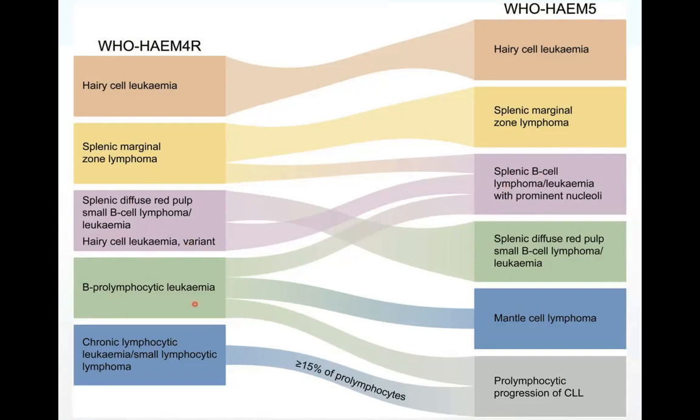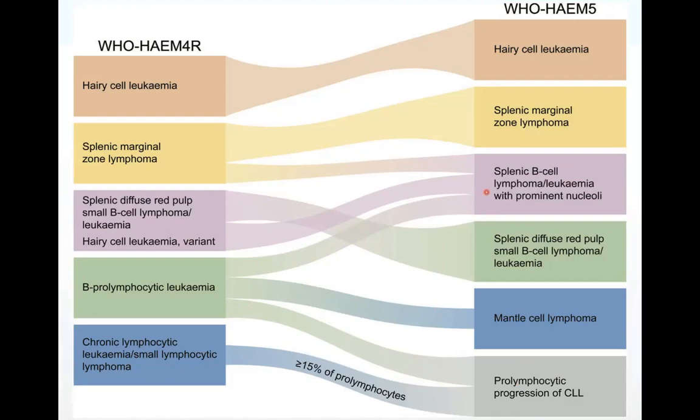This B prolymphocytic leukemia, there were 3 kinds of cases. One which had CD5 positivity and the CLL immunophenotype, they are now called prolymphocytic progression of CLL. The cases which showed CCND1 expression and the t(11;14) translocation are called mantle cell lymphoma, and the remaining CD5 negative B prolymphocytic leukemias which don't have this t(11;14) translocation are now classified as splenic B-cell lymphoma/leukemia with prominent nucleoli.